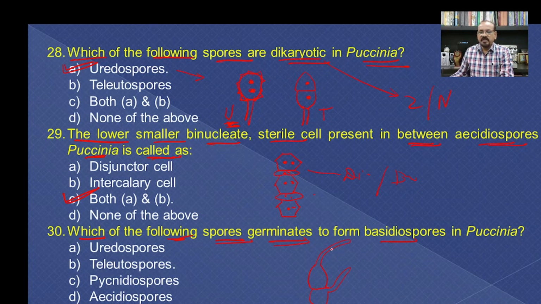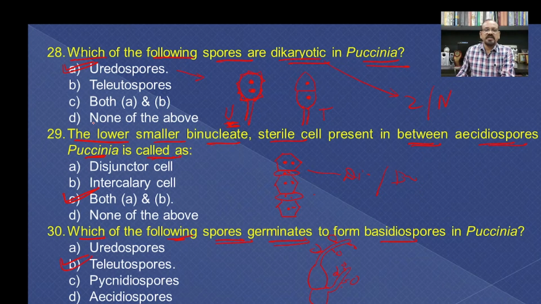Later on there is formation of sterigmata through which the basidiospores are released. It means that the teleutospores are responsible for the formation of the basidiospores, and hence B will be the correct answer for this question.